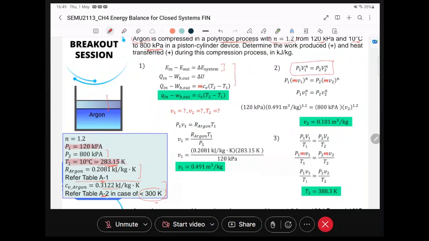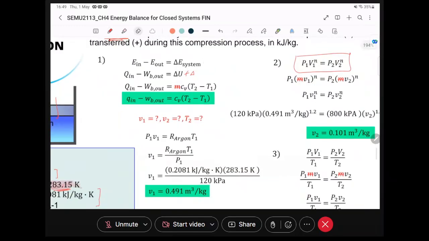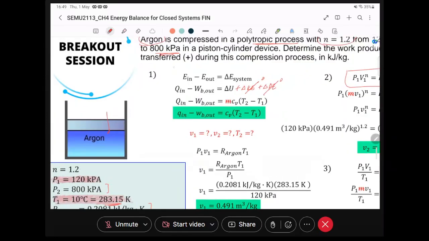The change in the system, delta E, because kinetic energy and potential energy are both 0, is really Q in minus Q out plus work in minus work out.